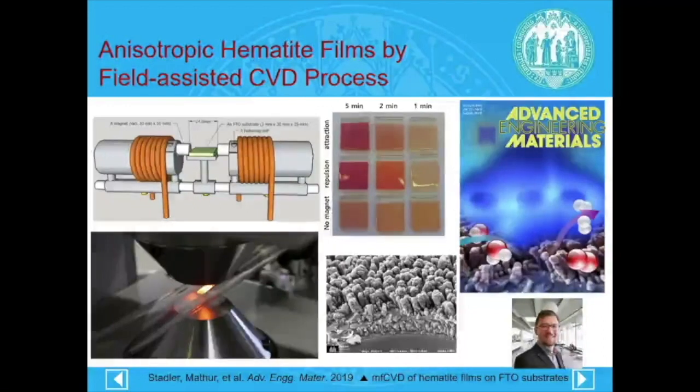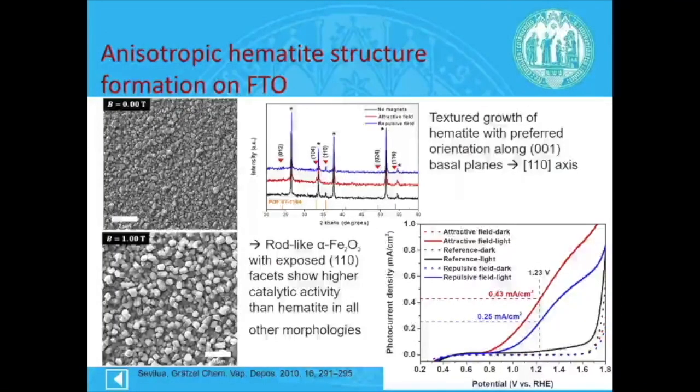And we have done this on different kinds of substrates. Here is an example of a glass substrate where we have performed the PECVD of hematite under an externally applied magnetic field. And this has led to a high photocurrent, as we see on the next slide: by creating rod-like hematite structures with 110 facets that are exposed to the electrolyte, we have a much higher photocurrent.